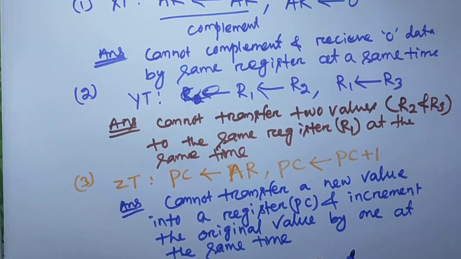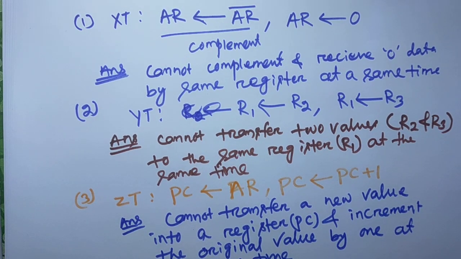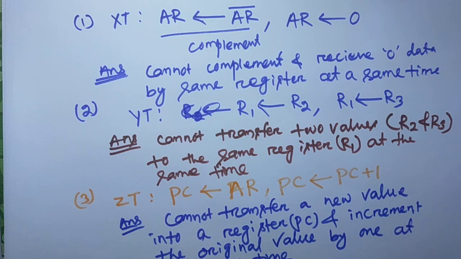In some cases the operation can execute and we find the solution, in some cases it cannot execute, because at the same time a statement cannot receive data from different registers.